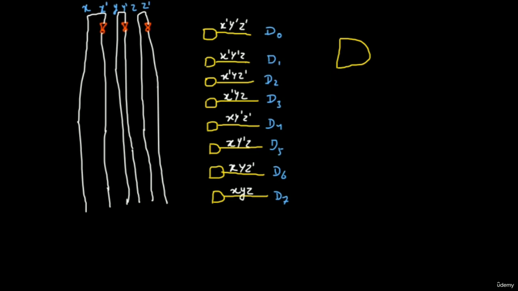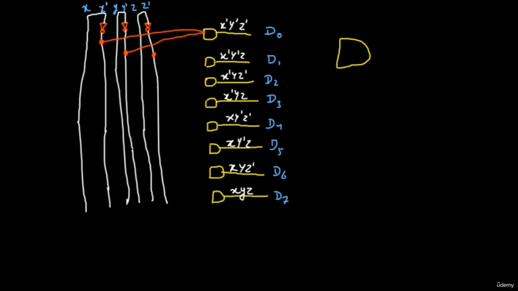For the connection of the first one, we can see it's X dash, Y dash, and Z dash. So all the dashes must be covered for the first one, and you can make something like this. Actually there are three inputs, so I cannot technically make it this way. I have to do it a little spaced out, and then I can put these in here.